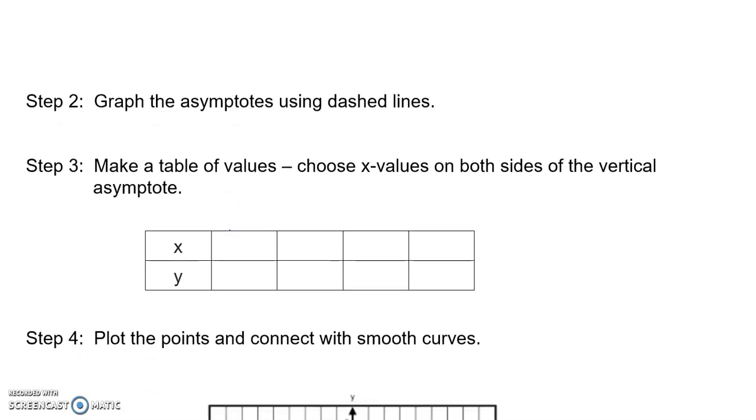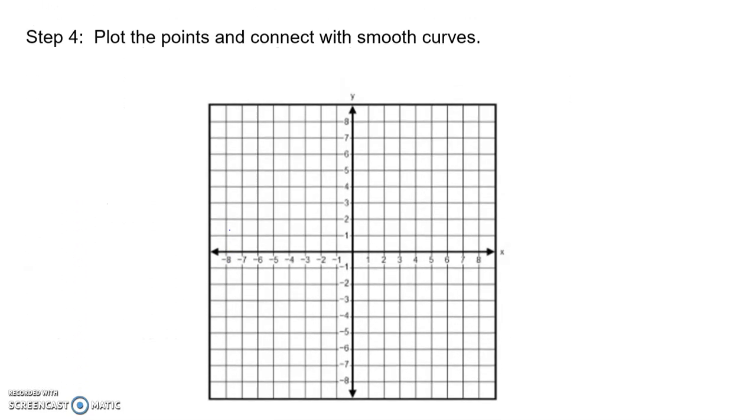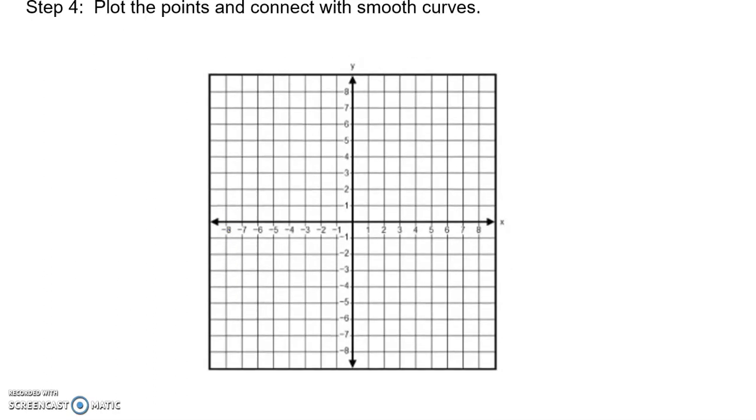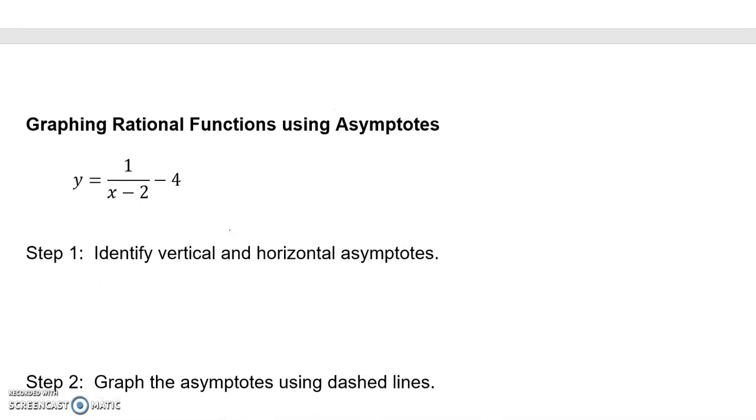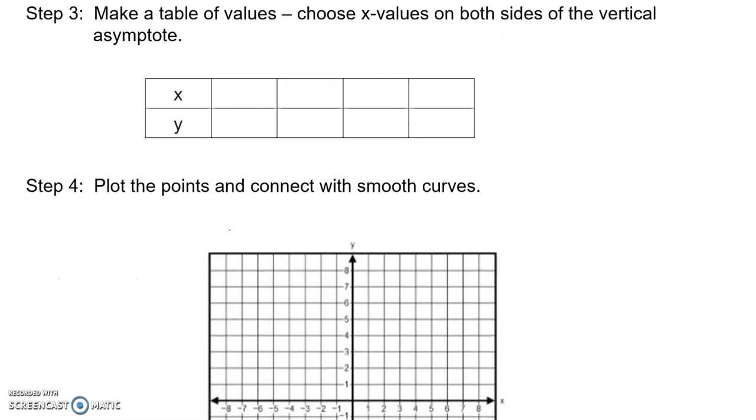Alright. So now we're going to make a table of values. We're going to choose x values on both sides of the vertical asymptote. So our vertical asymptote was that x equals 2.